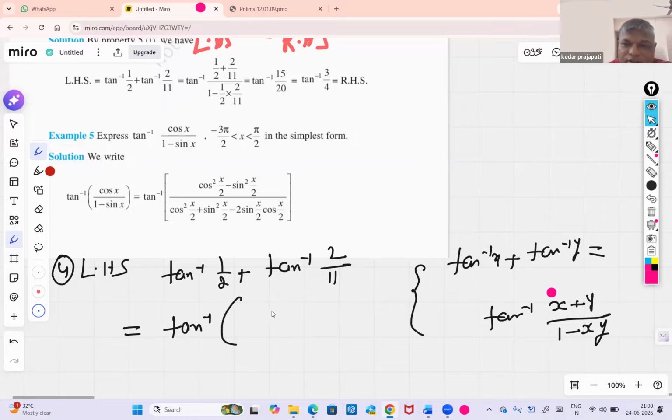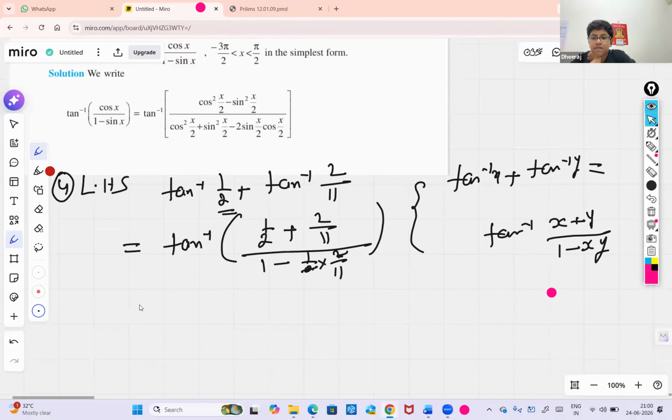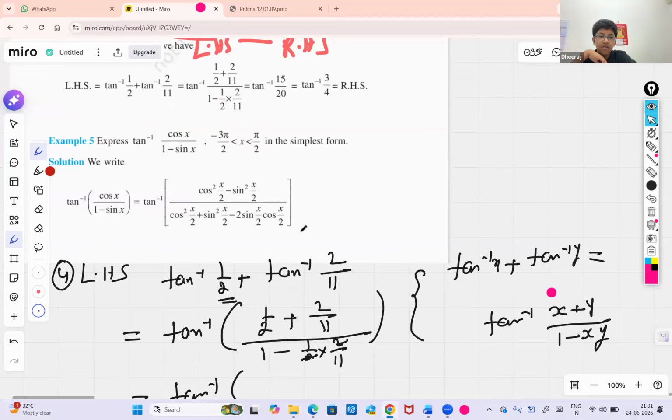Tan inverse of x plus y. So this is x: 1 by 2 plus 2 by 11, divided by 1 minus 1 by 2 into 2 upon 11. The 2 cancels. What will be the LCM?